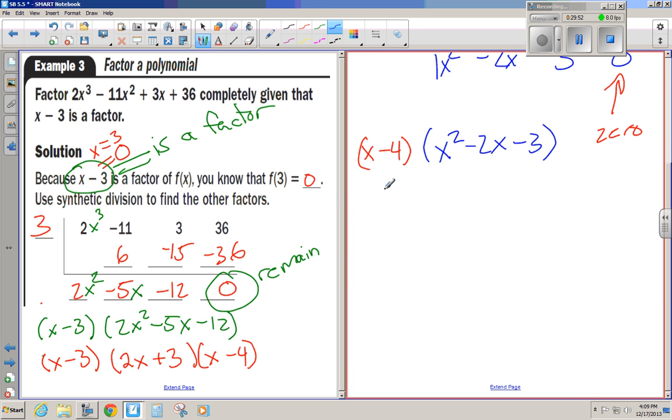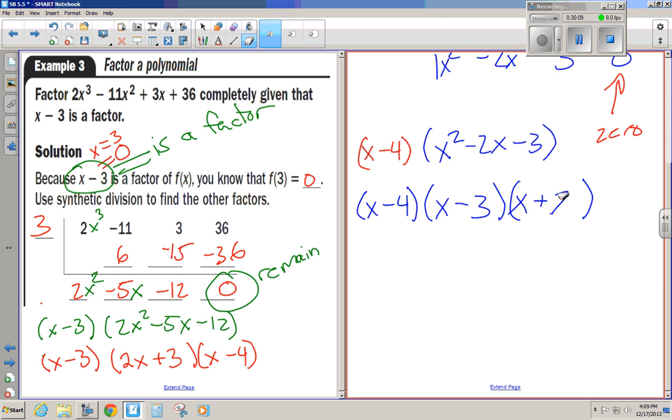And when you look at the factors of c, how do they add up to negative 2? Well, two factors of c that add up would be minus 3 plus 1. Those are the factors. It is now factored completely.